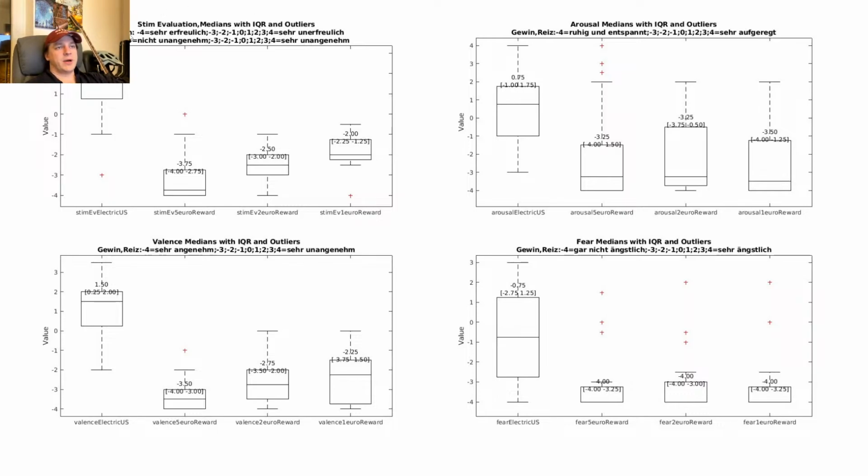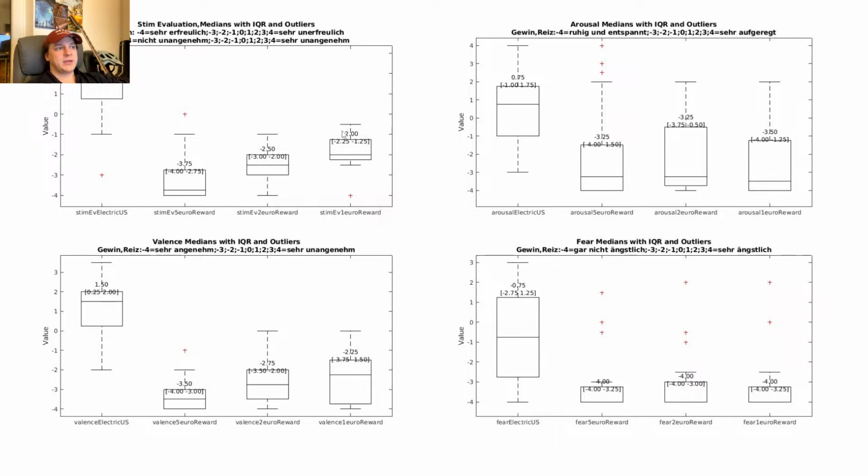So for the money, -4 is I am pleased, and 4 is I feel nothing. And for electrical stimulation, it's kind of a -4, I'm kind of neutral.